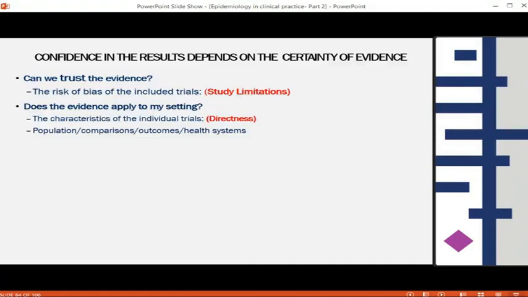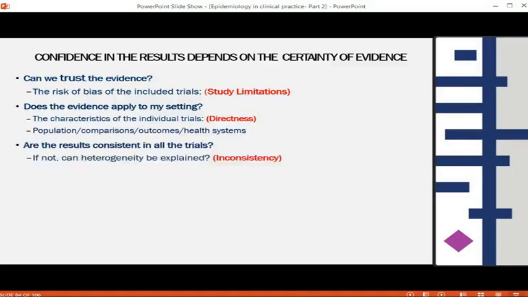So the results of those trials are not really directly applicable to us because some of the information we want is missing. And that will reduce our confidence in the results of that systematic review of those trials. Okay, so that's an example of how the directness is compromised and your confidence in the review comes down.